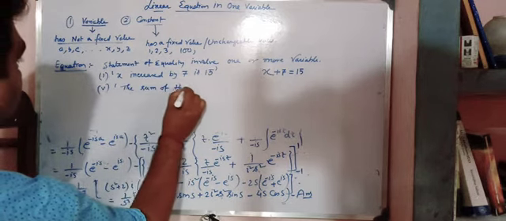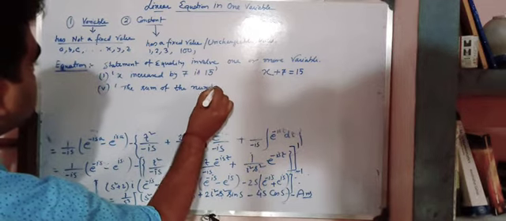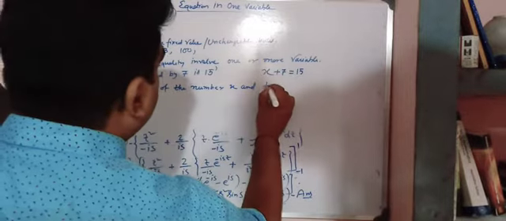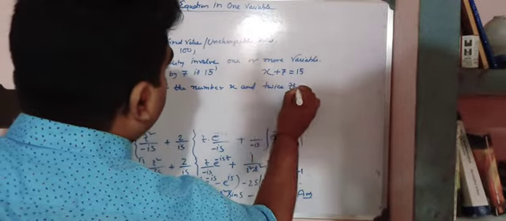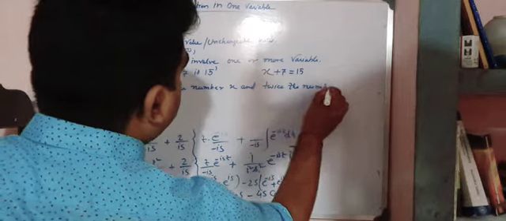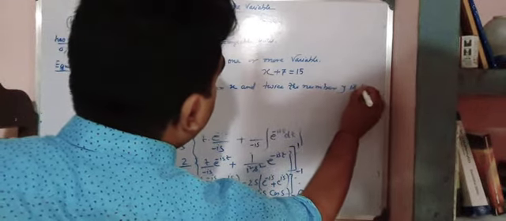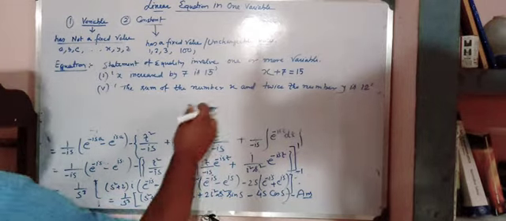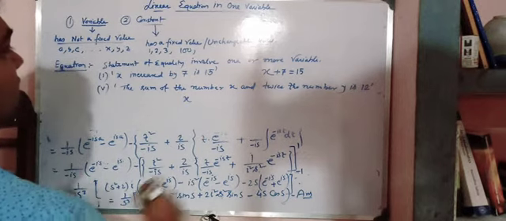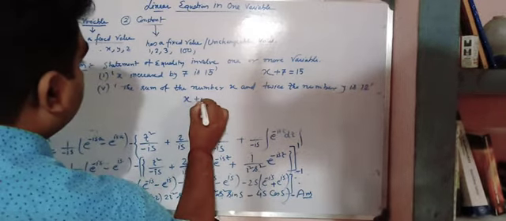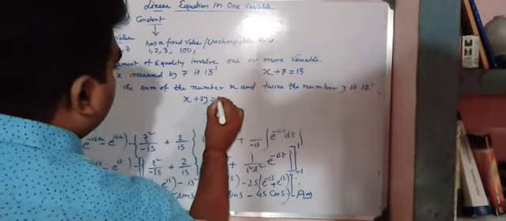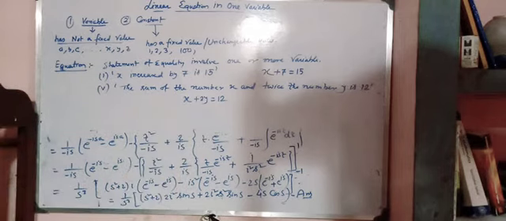How can we represent it? Sum of the number x, first we take x, and twice the number y means 2y. So x plus 2y is equal to 12. So this is also a linear equation.